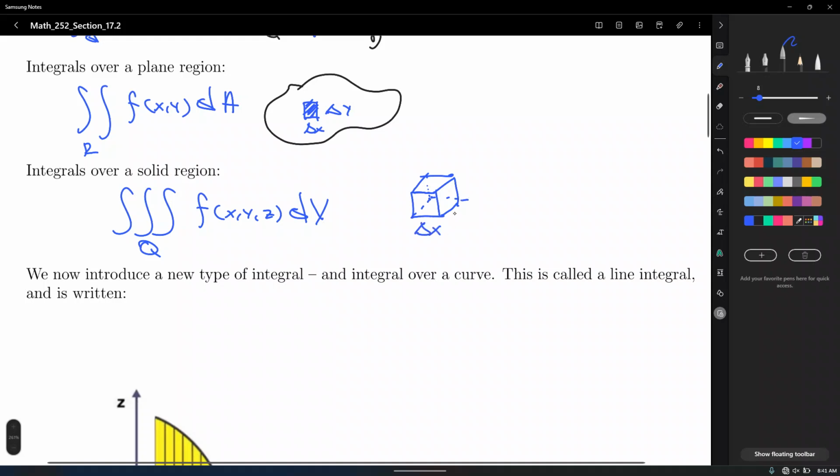That is delta x by delta y by delta z, right? And then we'll find the volume of that partition, and then add infinitely many of those partitions, preferably the smallest delta x, delta y, delta z, the better. The smallest, the better, because that will give us a more refined result.